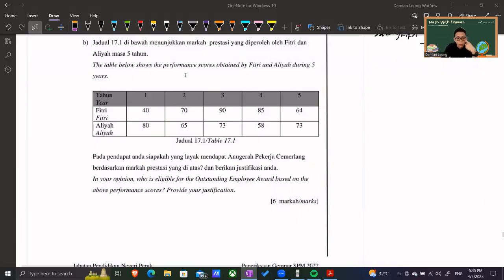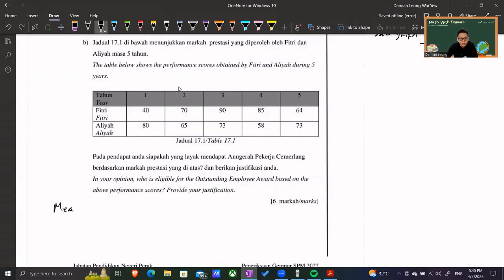Part B. In your opinion, who is eligible for the Outstanding Employee Award based on the performance scores? Provide justification. I can find the average for each of them.